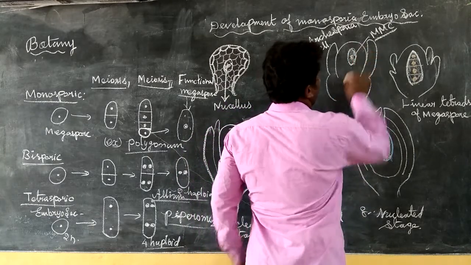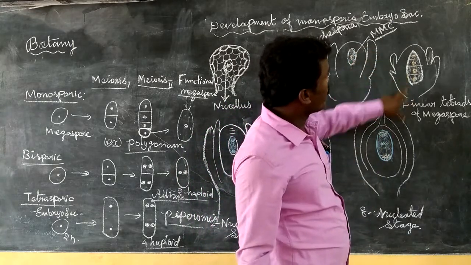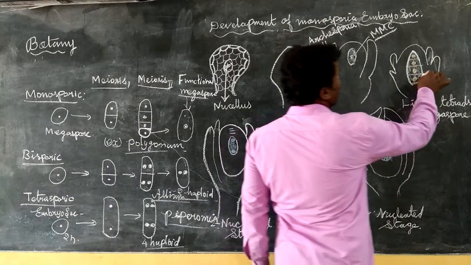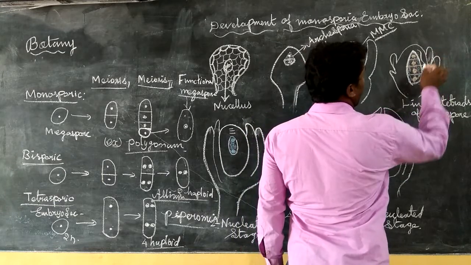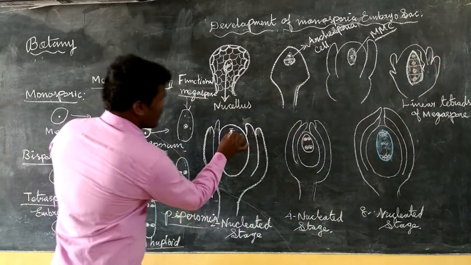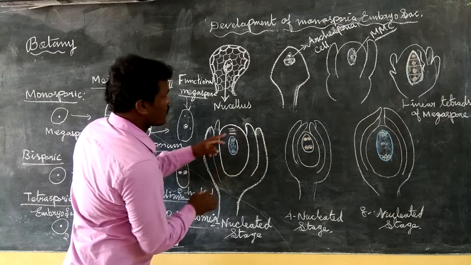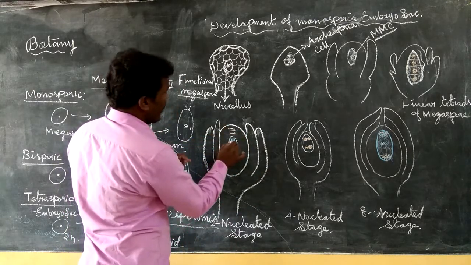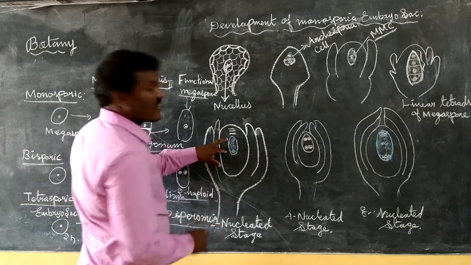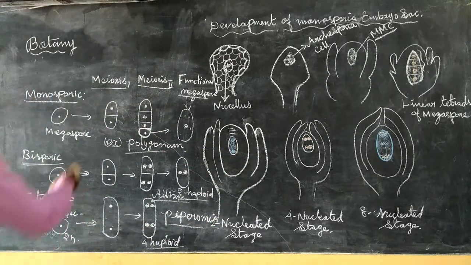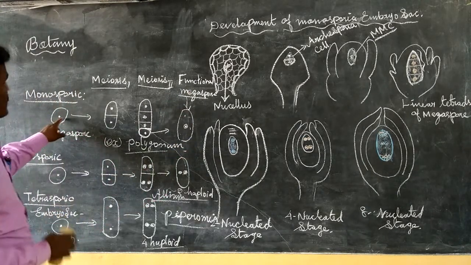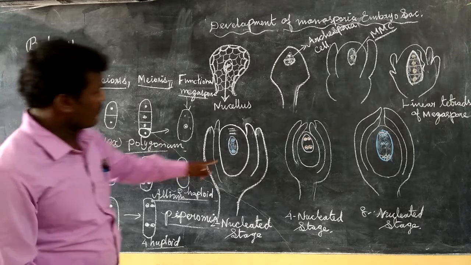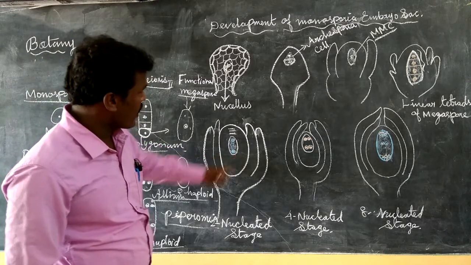This megaspore mother cell undergoes meiotic division to form a linear tetrad of megaspores. Out of these 4, 3 of them will degenerate. Look at this, 1, 2, 3 megaspores degenerated. Only one will act as a functional megaspore.